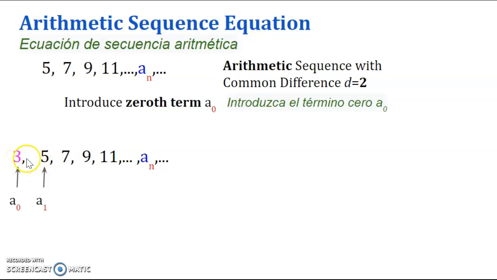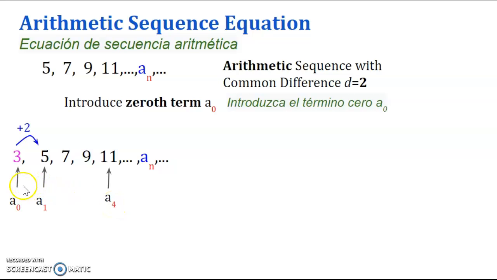To go backwards, instead of adding 2, you're subtracting 2 from the first term. 5 minus 2 is going to be 3. So we figured out what the zeroth term is.